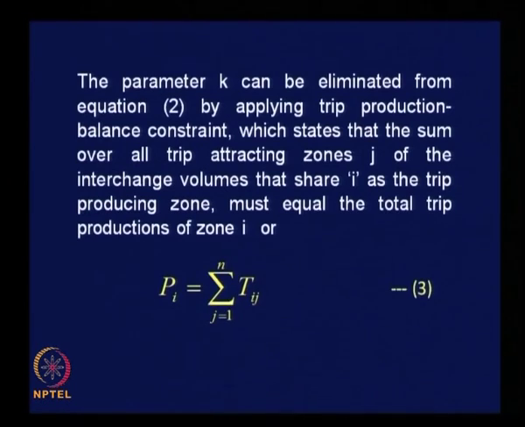This is a statement. When we say that the sum of all the cell values along a row is this much, it is nothing but Pi equal to sigma j equal to 1 to n Tij. Tij is nothing but a cell value. When you add cell values from 1 to n, you get Pi value, the total production.